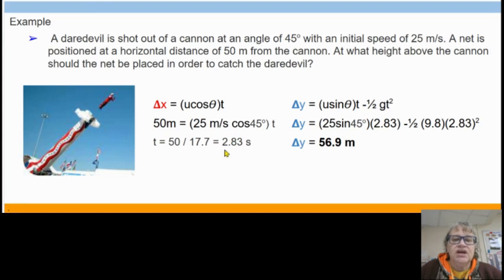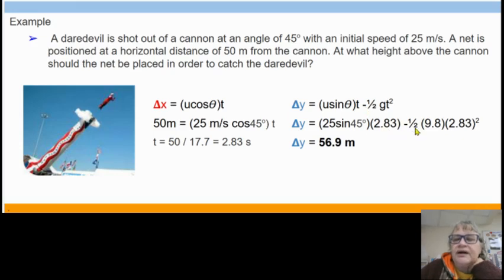Remember, the time in the x direction is the same as the time in the y direction. So I'm going to take this time and substitute it for the t's in our vertical displacement equation. Our beginning u is 25. Now we're going to use the sine of the angle, so sine of 45, and multiply by the time, 2.83.